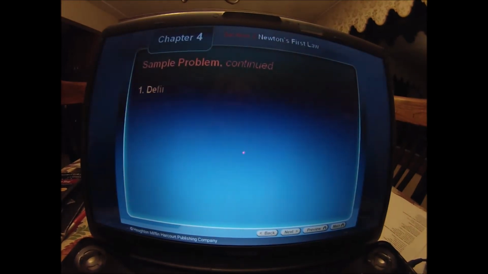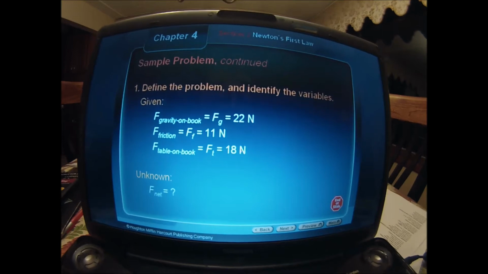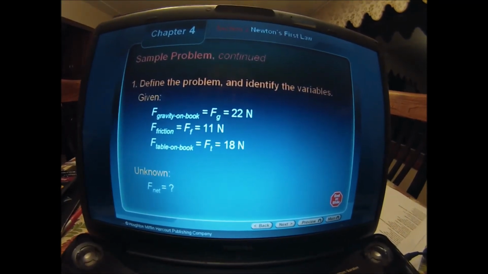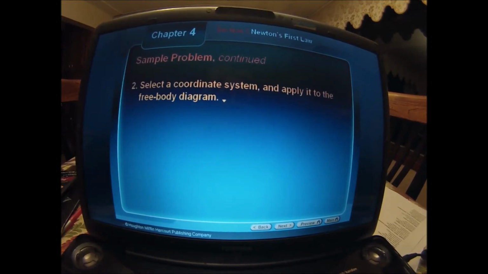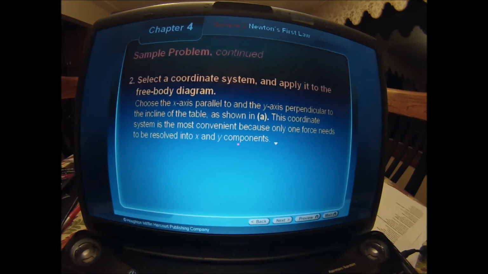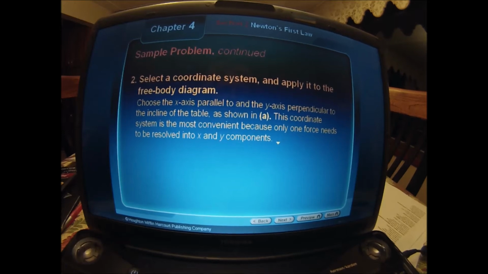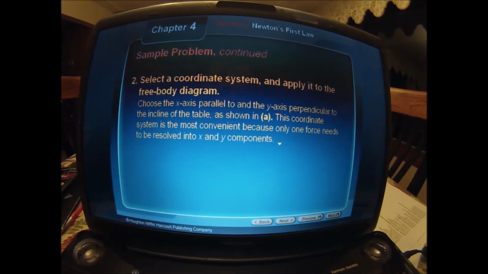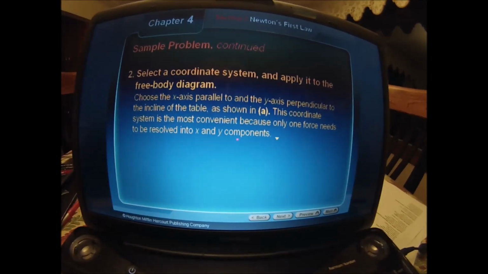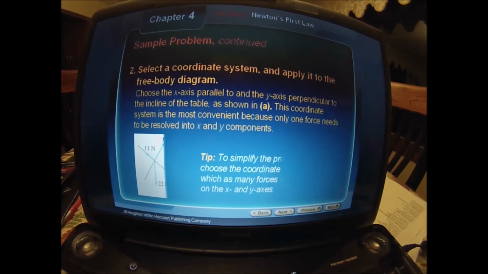Now when we set up our problem, we need to define our variables, which we just did, and we need to find our net force. And how do we do that? We have to choose our XY axis. To do that, I suggest that we line up the XY axis with the most of the forces that will land on the axes, and make that our coordinate system.